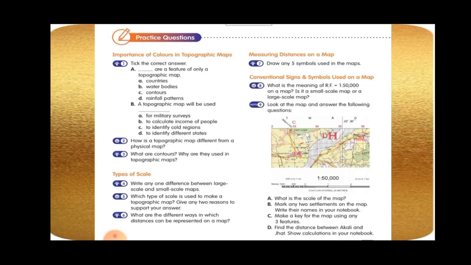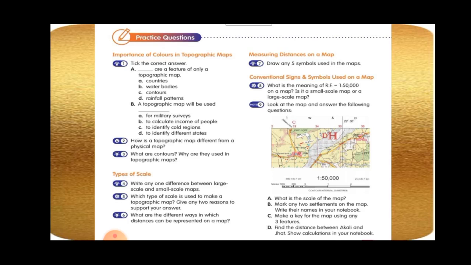This is not very accurate as it is only a verbal representation of a distance. And the second is a representative fraction. This is a ratio of the distance between 2 places on the map and the actual distance on the ground. The units of the ratio can change according to the metric system.